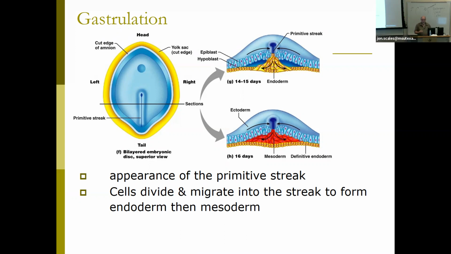They're going to give rise to new kinds of cells. At this point, we really kind of have three different types of cells making up the embryo. We have ectoderm cells, mesoderm cells, and endoderm cells. And every ectoderm cell looks like every other ectoderm cell, and every mesoderm cell looks like every other mesoderm cell, and so on. But pretty soon, they're going to start to take on new roles.